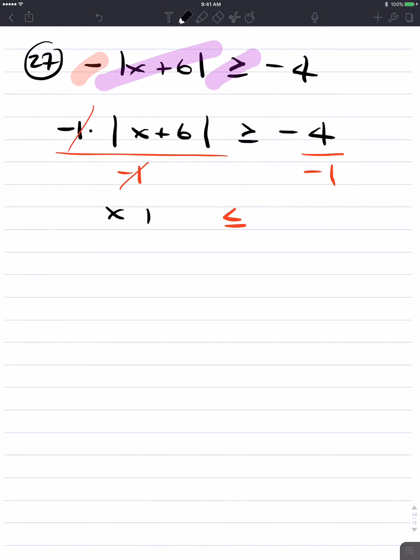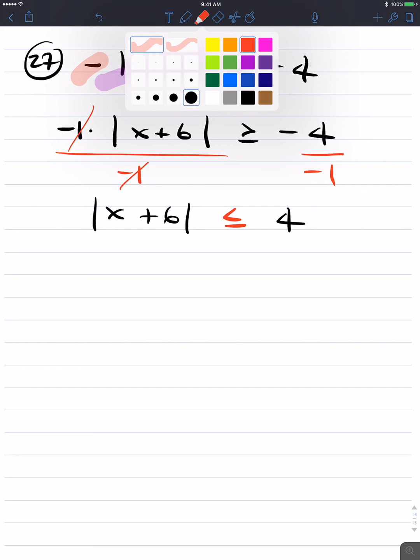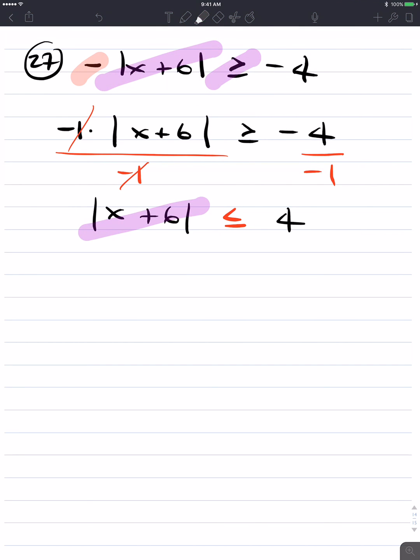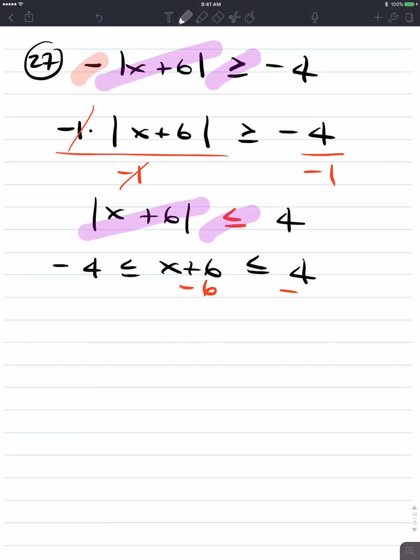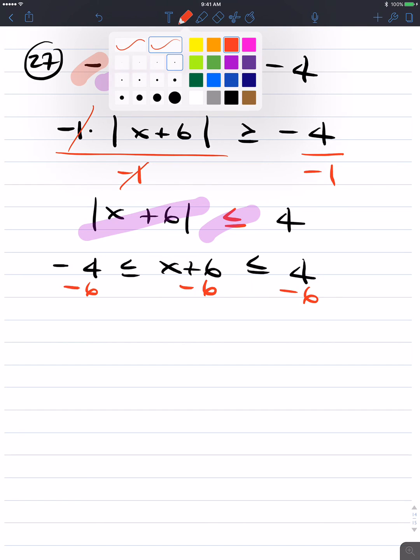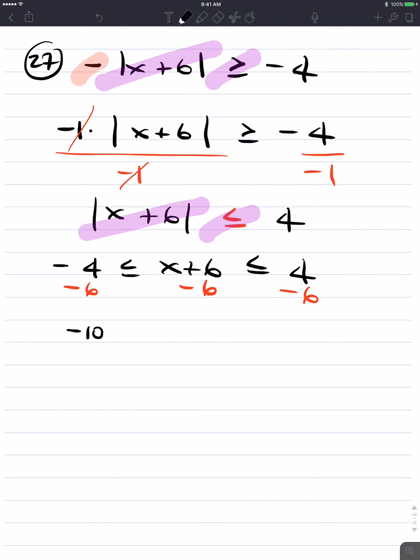We have x plus 6 is less than or equal to positive 4 in absolute value. Absolute value less than, and this is the between situation. We can solve for x. Negative 10 less than or equal to x less than or equal to negative 2.